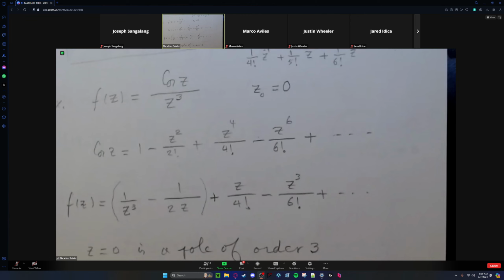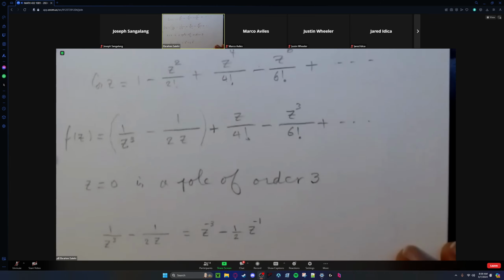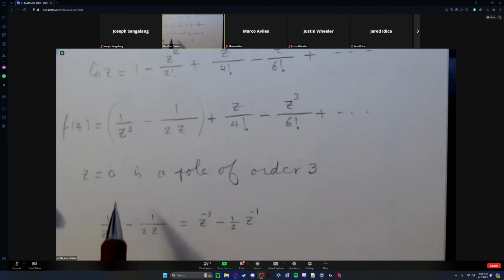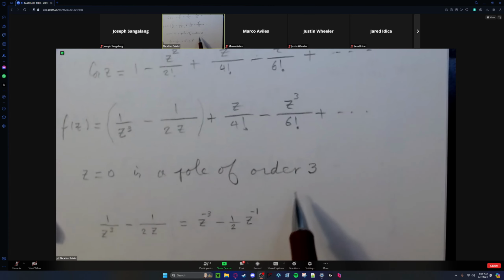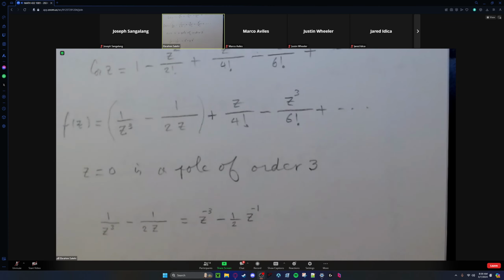The coefficient of 1 over z. That is what we call the residue. All right? So maybe I should mention it right here. So z equals 0 is a pole of order 3, fine. But always we want to know what is the residue at that particular pole, all right?